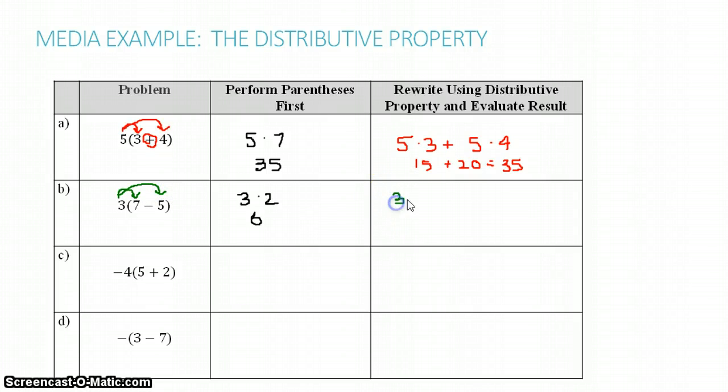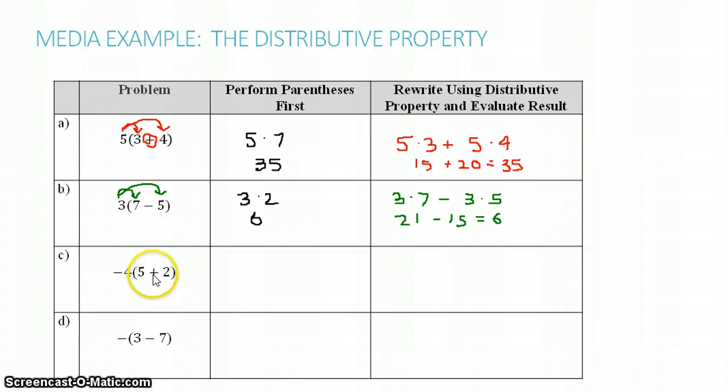So 3 times 7 minus 3 times 5. So this is 21 is the first product, 15 is the second product, and finding the difference is 6.